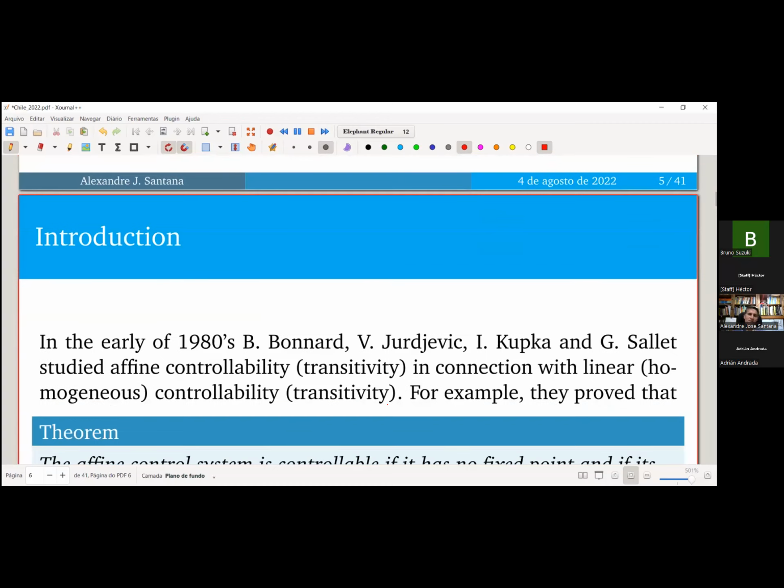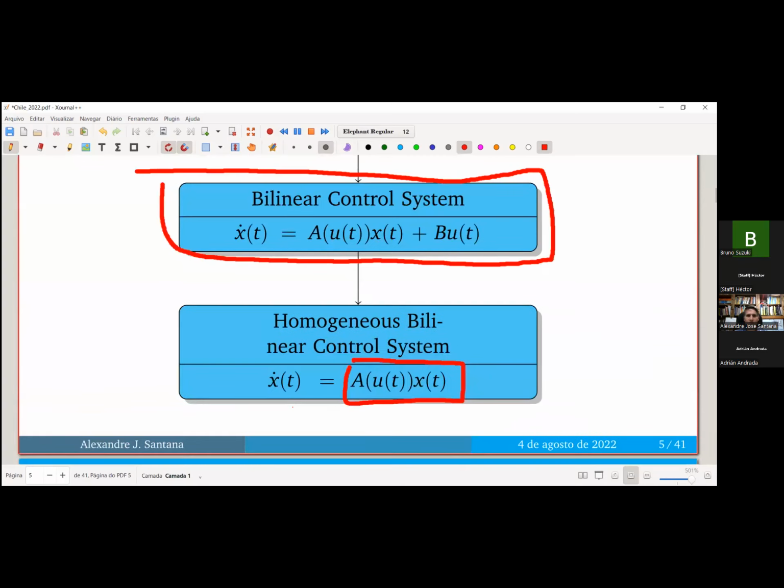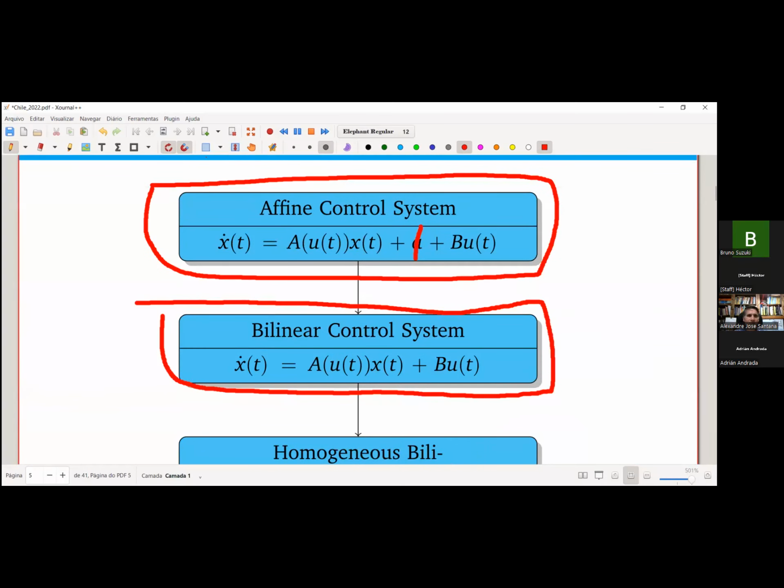So the idea of this work is related to old papers of Bonnard, Jurdjevic, and Kupka and Sallet. In these papers, these mathematicians studied affine controllability or transitivity in connection with the homogeneous controllability or transitivity.